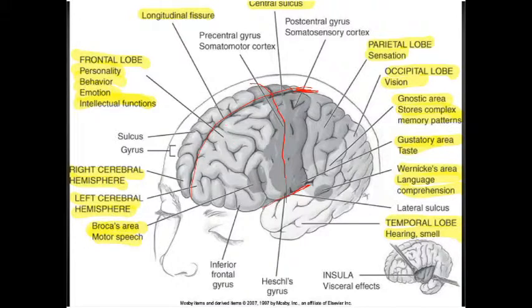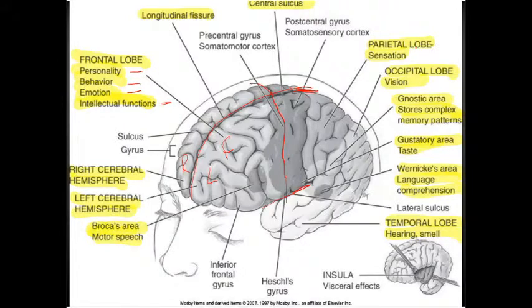In our frontal lobe, which is this area here, personality, behavior, emotion, and intellectual functions are controlled. And also we have left and right brain.